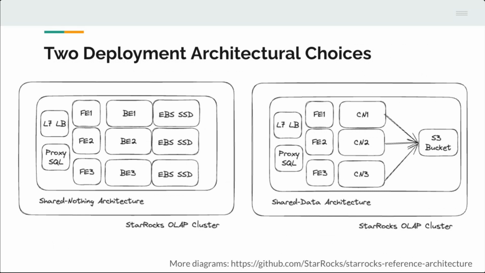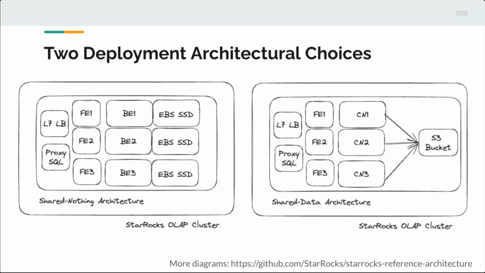The data is actually stored in an S3 bucket, and the compute nodes are in containers or in VMs themselves. There are pros and cons to each architecture. Things like Snowflake and BigQuery are designed on the shared data architecture, and not on shared nothing, generally speaking.